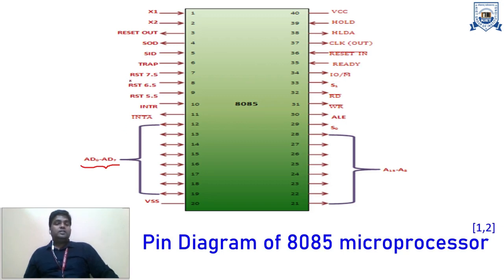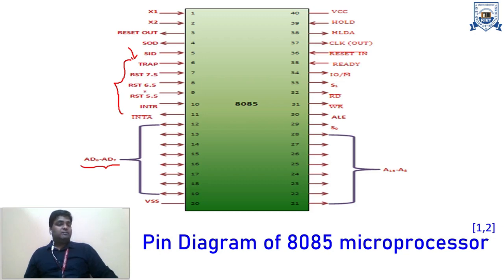Moving to other pins, these contain the interrupt signals. TRAP, RST 7.5, RST 6.5, RST 5.5 and INTR are all interrupt control pins. Out of these, TRAP is a very high priority interrupt. That means if this type of interrupt is available, the 8085 microprocessor has no other way; it must handle this interrupt.